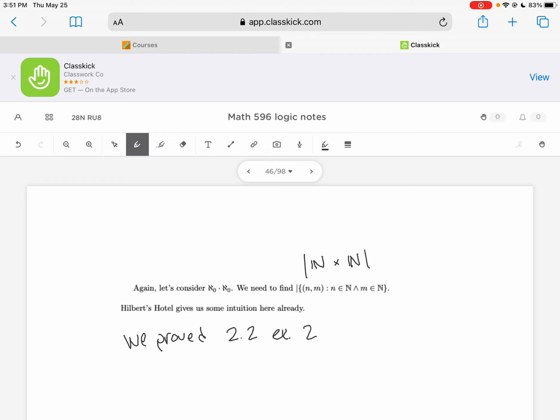These cardinalities are in fact equal to each other.